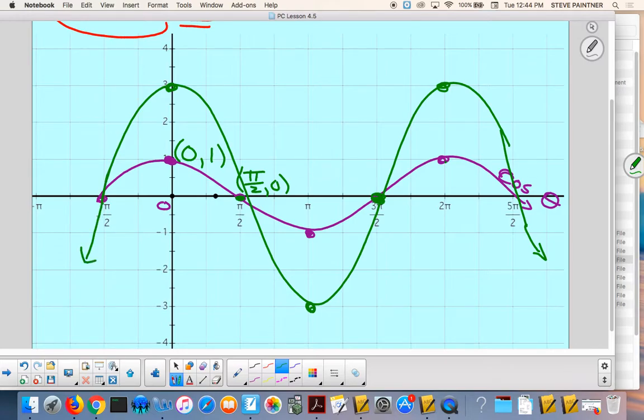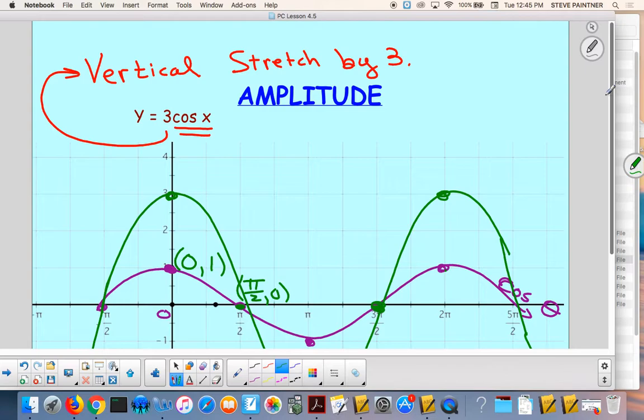This is called the amplitude, by the way. The number in front of cosine or sine is called the amplitude. So if I asked you on the homework or on a test, what's the amplitude? It's very simple. Look at the multiplier, it's right there. So if I did this to you, what's the amplitude? Is it a stretch or a compression?